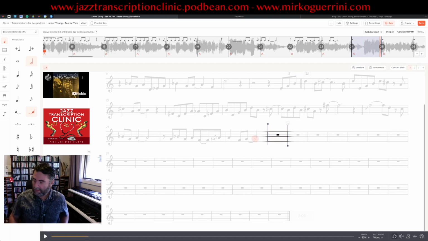What interval is that? Descending minor second. You know, several songs start with a minor second descending. It's a semitone.